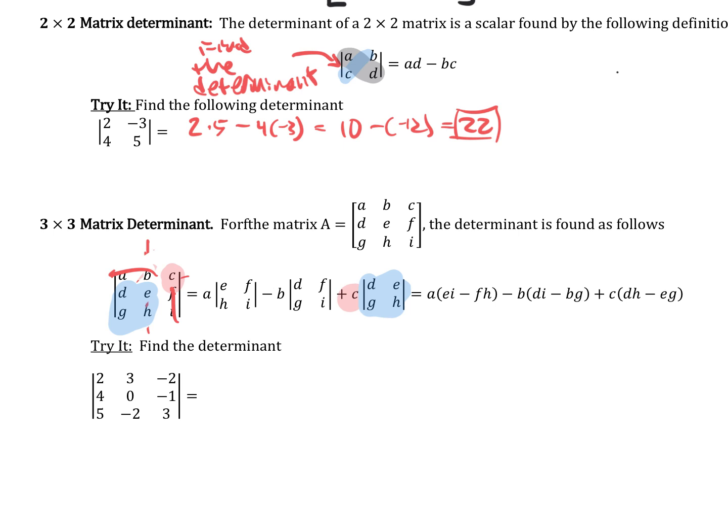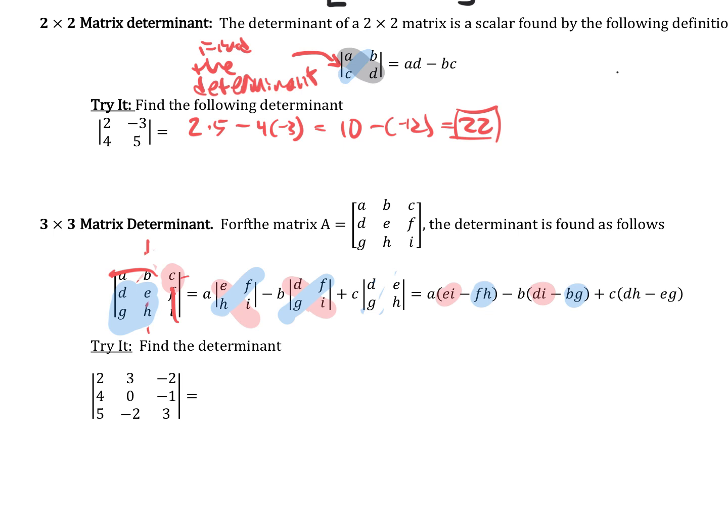Okay, so that turns out to be, all right, when we find those determinants, we have EI times FH. Then we have DI, I don't know my alphabet, times GF.